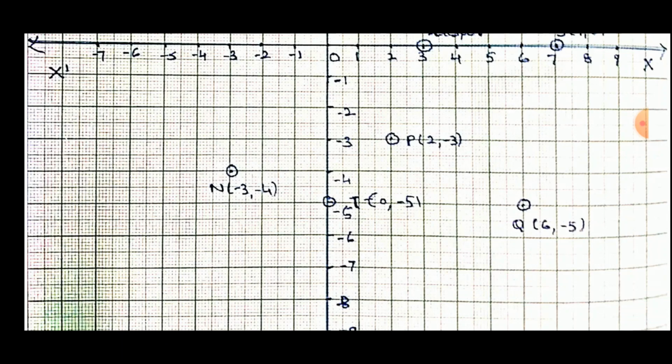Since the x coordinate is 0, the point lies on the y-axis. So here you will get T (0, -5). So the coordinate of the point T is (0, -5), on the y-axis at -5, encircle the point. So (0, -5).